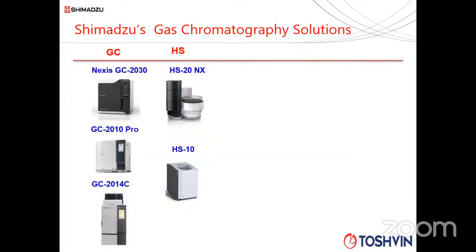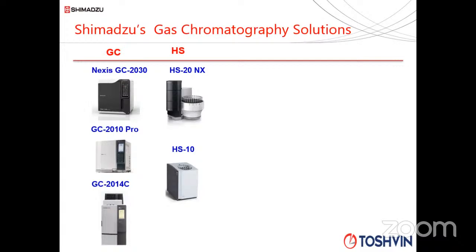Shimadzu currently has 3 different models of GC. The Nexus GC2030 is the top of the line model, the latest, very advanced model having many features. Then below that, we have another model, GC2010 Pro. And then the most economical model, GC2014.